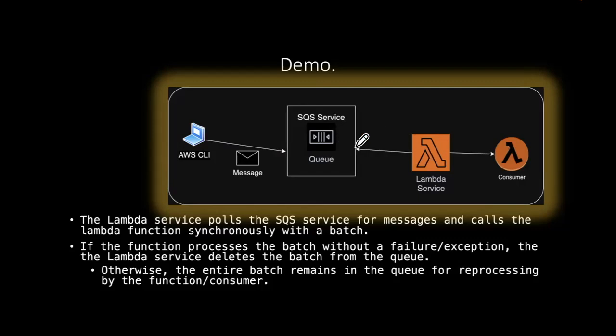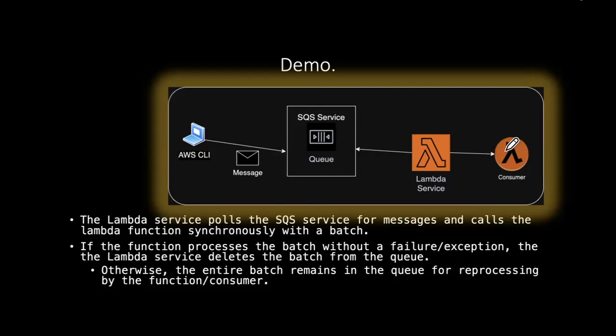Now, it will only do that if the actual Lambda function exits successfully, as long as it doesn't throw an exception or perhaps return a throttling response. So as long as everything goes smoothly in the execution of your Lambda function, that will allow the Lambda service to request SQS to delete the batch of messages.